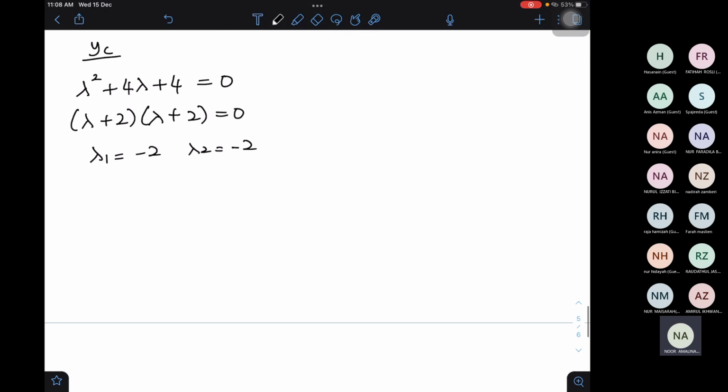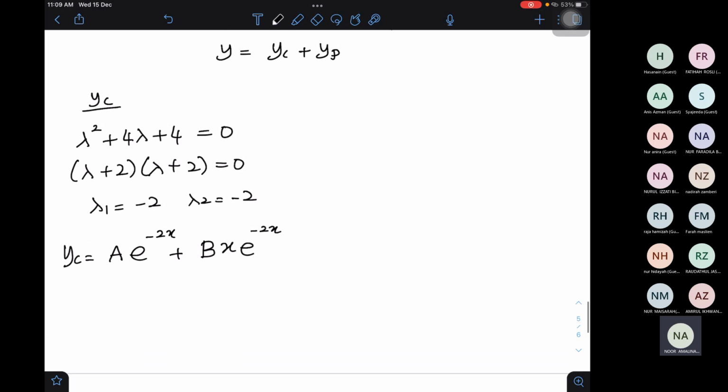So when you have the two equal root, your YC will be in the form of C1 exponent -2x plus C2x exponent -2x. Siap kita punya YC. Okay, di mana C1 dengan C2 ni adalah constant. So kalau awak tak nak pening, awak boleh je tulis A dengan B, constant. Nak guna C1, C2 pun boleh, tak ada masalah.